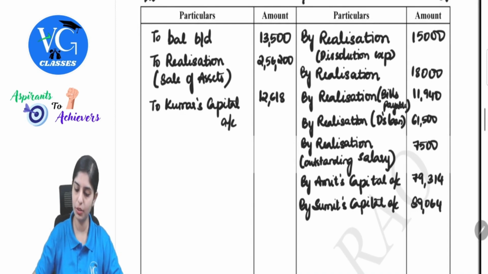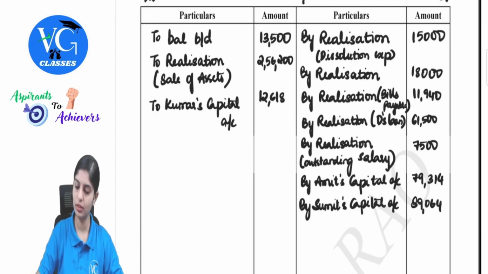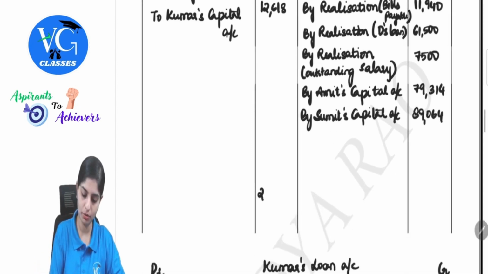Now let's check the total. 89,064 plus 7,500, 61,500, 11,940, 18, 15, 282, 318.